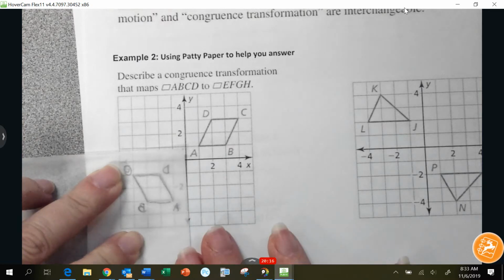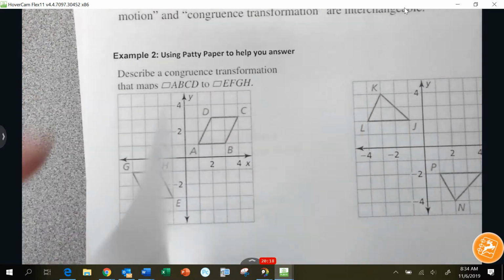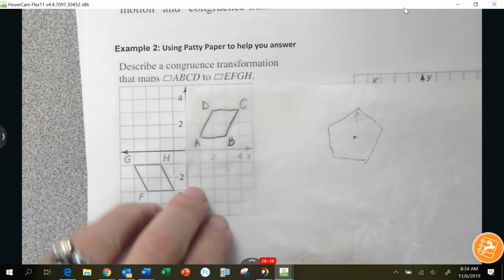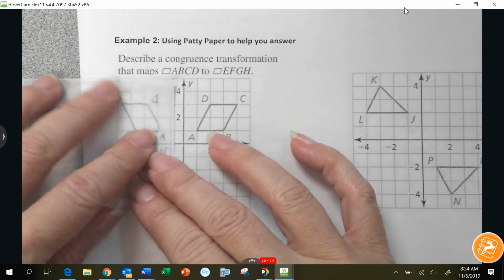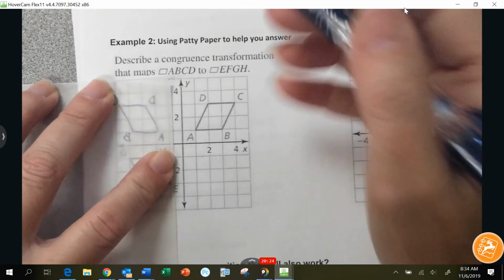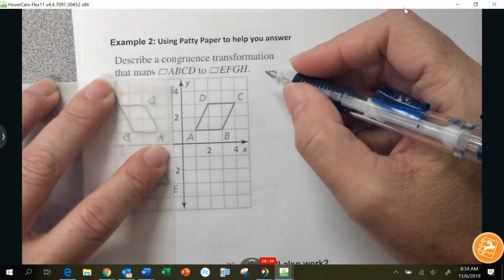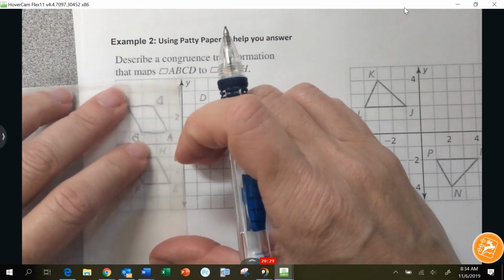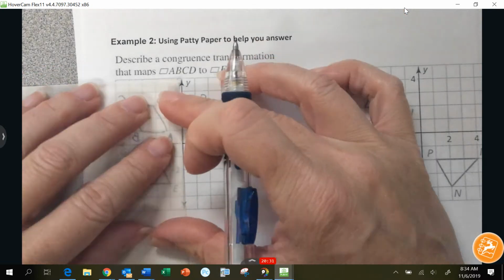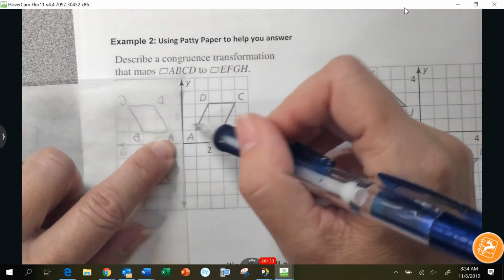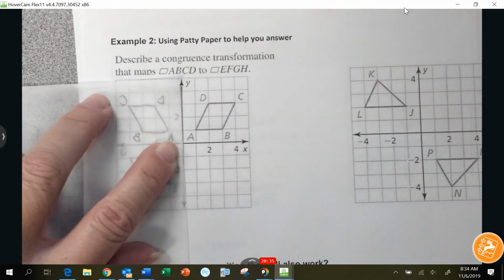So let's write the congruence translation. What's my first transformation? Right? The A and the A prime would be the same distance from the y-axis.